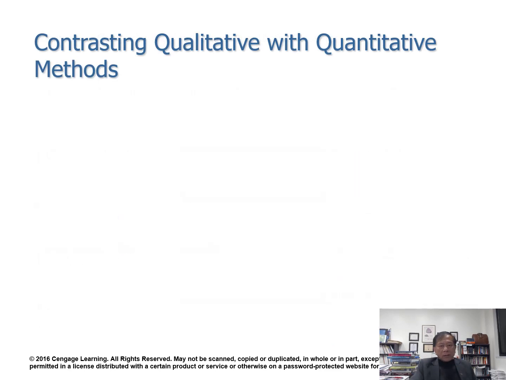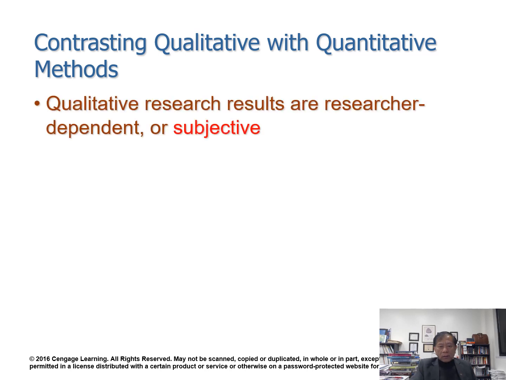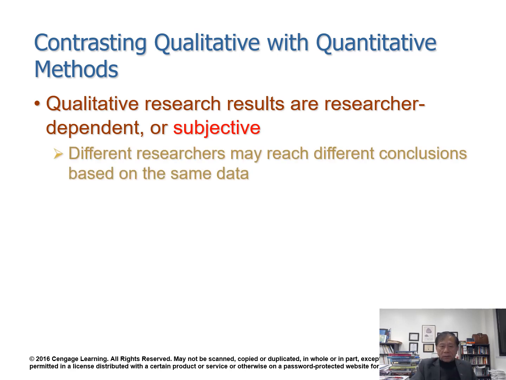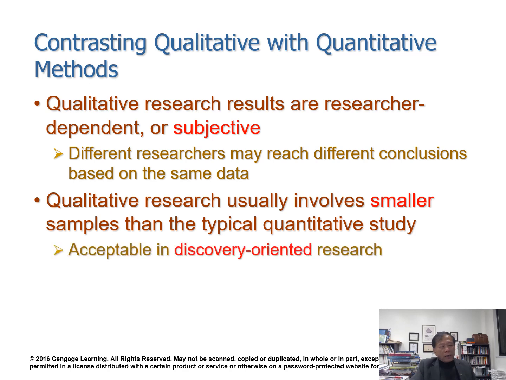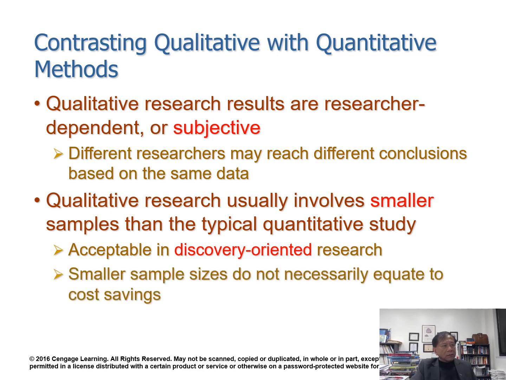So, contrasting qualitative versus quantitative. Qualitative research results are researcher dependent or subjective. Different researchers may reach different conclusions based on the same set of data. Qualitative research also usually involves smaller samples than a typical quantitative study, and this is acceptable in discovery-oriented research.